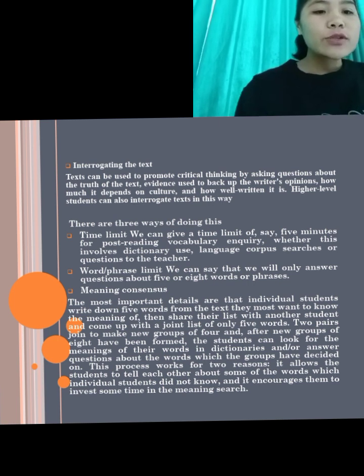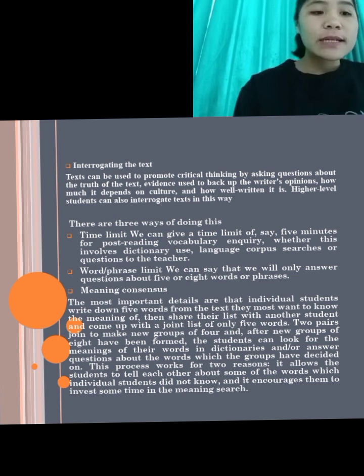Two pairs join to make new groups of 4, and after new groups of 8 have been formed, the students can look for the meanings of their words in dictionaries and answer the question about the words which the groups have decided on.